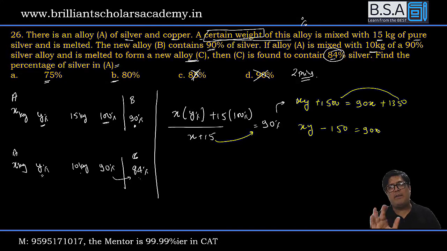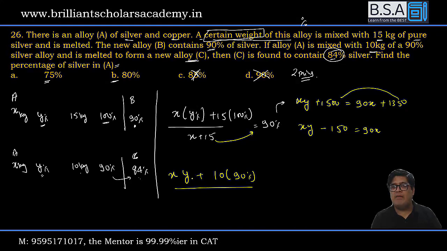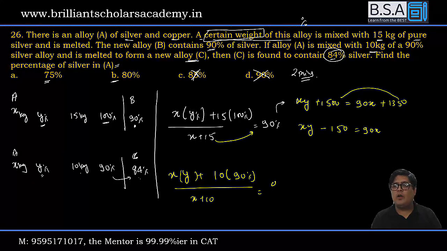Don't panic. Don't panic seeing big equations. What is the second hint? XY plus 10 kilograms of what purity? 90% purity. How many kilograms do you have? X plus 10. What is the total purity overall? 84.